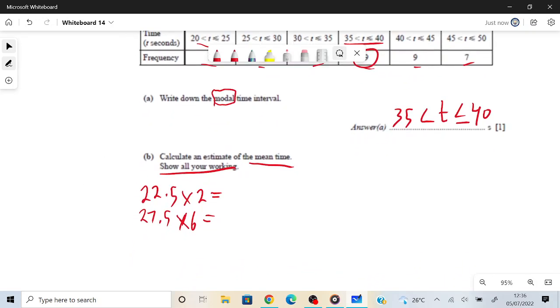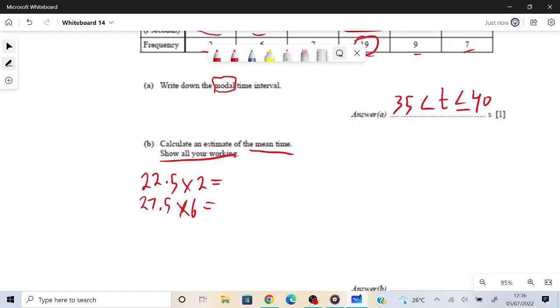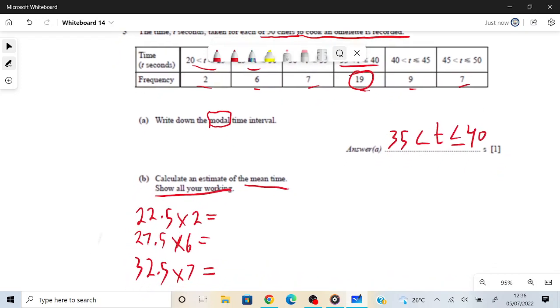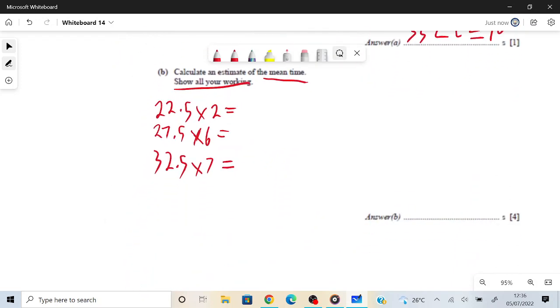30 and 35, mid value is 32.5, and you times it by 7, because that is the corresponding frequency. I think it's 7. Yes, it is. Next we have 35 to 40, mid value is 37.5, and you times it by 19, because that is the frequency.